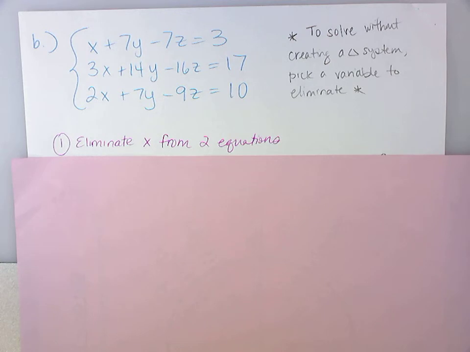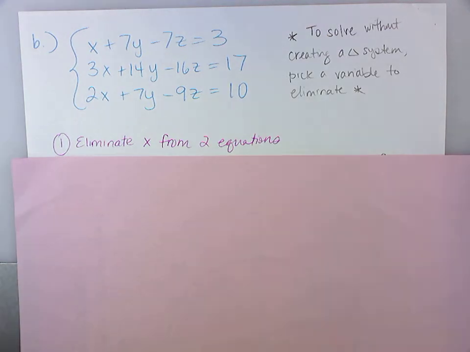But you could try it the other way as well. Like what I could do is multiply these to have a common denominator in x, and make sure they cancel out.